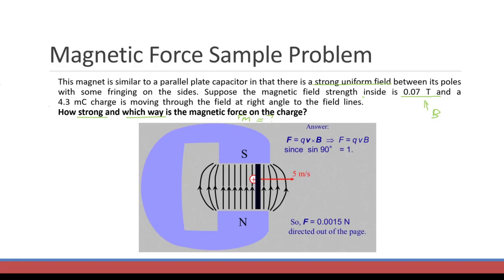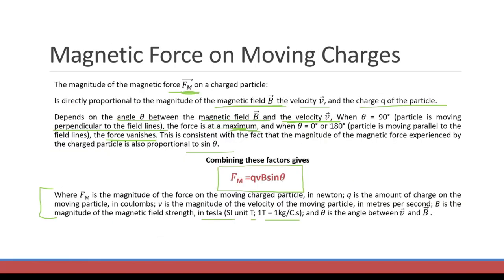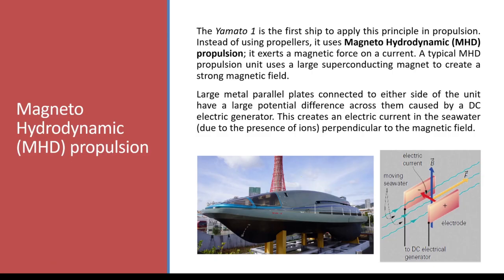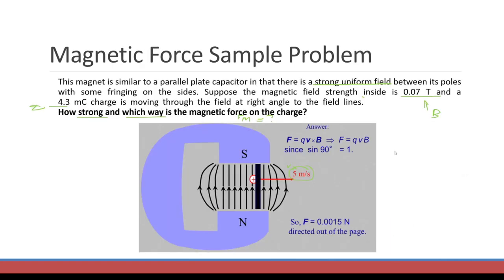We have Q. And in this diagram, we're also given that our V is 5 meters per second. And so we have our equation from before. We have our Q, V, B, and our sine theta.